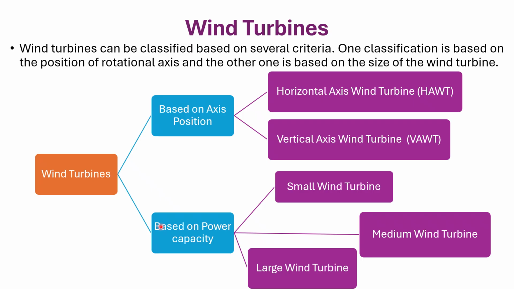They are designed for low cut-in wind speeds, generally 3 to 4 meters per second. They are also suitable for remote places where the grid is far away and the power transmission is difficult.